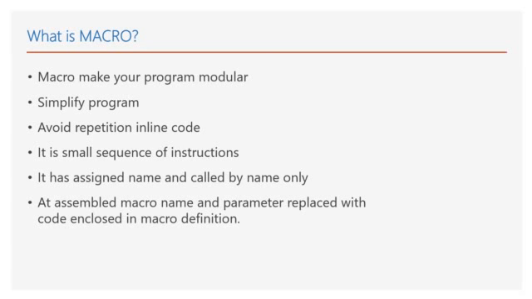It is not like a procedure, where the execution of the procedure and the execution of the macro are different. The macro is defined with a name and it gets called in your program with the name only.